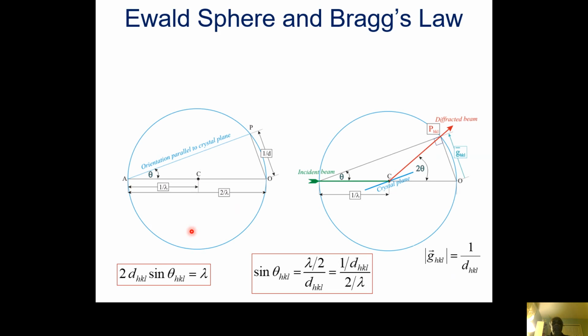So here, you can easily prove what we did, right? If I draw with the radius 1 over lambda, this is my delta K, that is 1 over d, or 2 pi over d ideally. So then this is the direction of your crystal planes here, like this. In this case, your crystal plane is this one here.